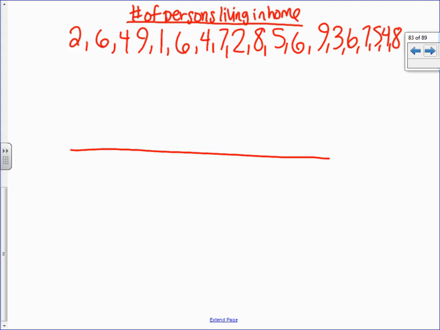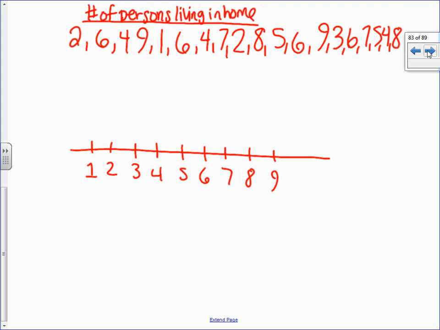Another thing you could do to organize the data is you could put it in a dot plot. So our minimum is 1 person living in a house. Maximum is 9. I might have to add a few data points here.